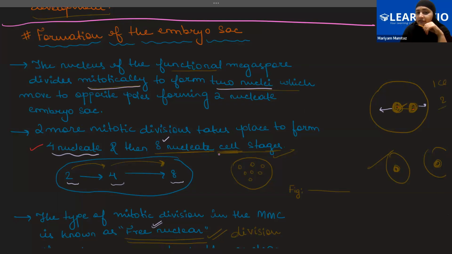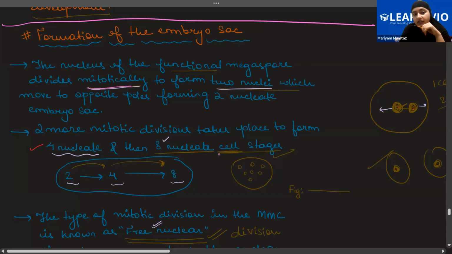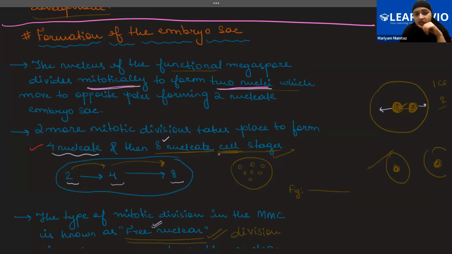Now, the nucleus of the functional megaspore divides mitotically to form two nuclei, which move to opposite poles, forming a two nucleate embryo sac. Depending upon the number of nuclei, we're going to see at which stage the embryo sac is.